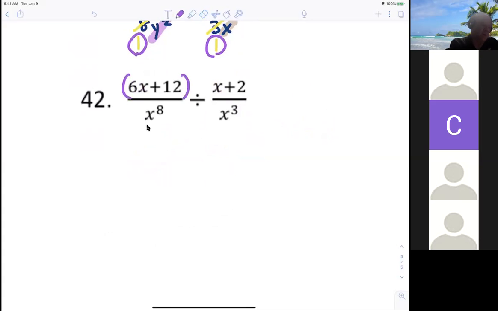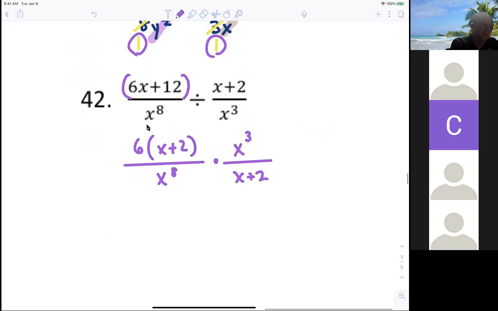Factoring out a 6. 6, parentheses, x plus 2, x to the 8th on the bottom, times the reciprocal, x cubed over x plus 2.